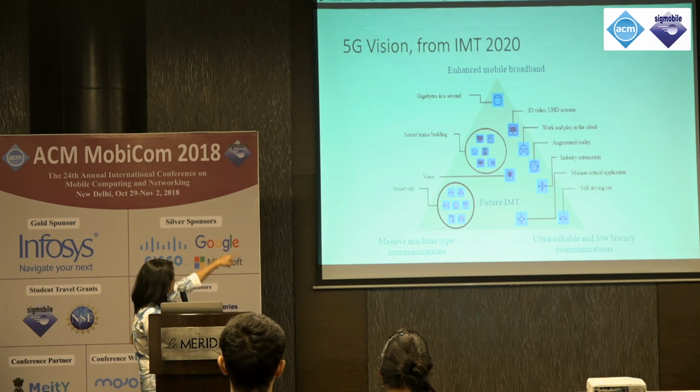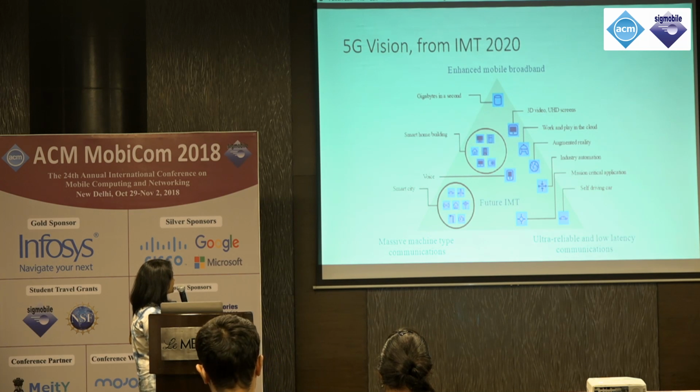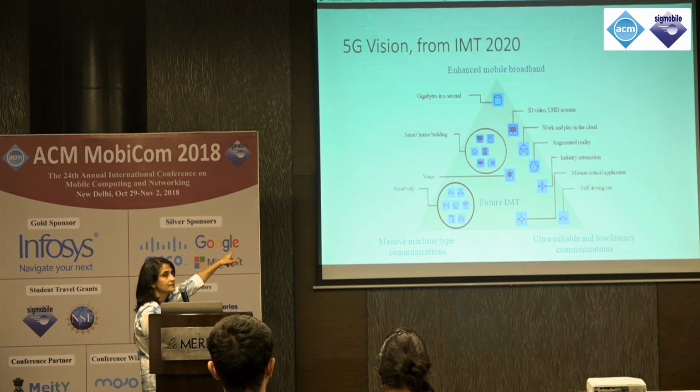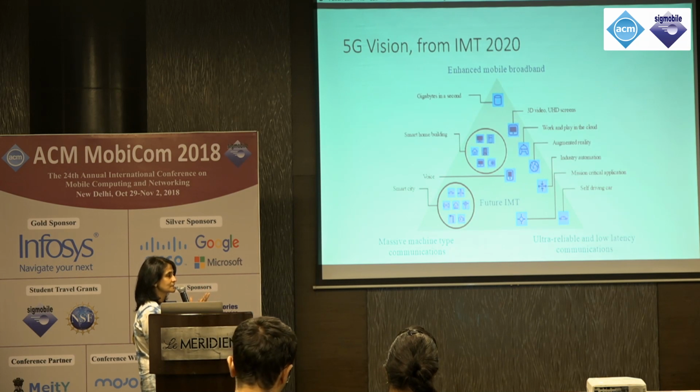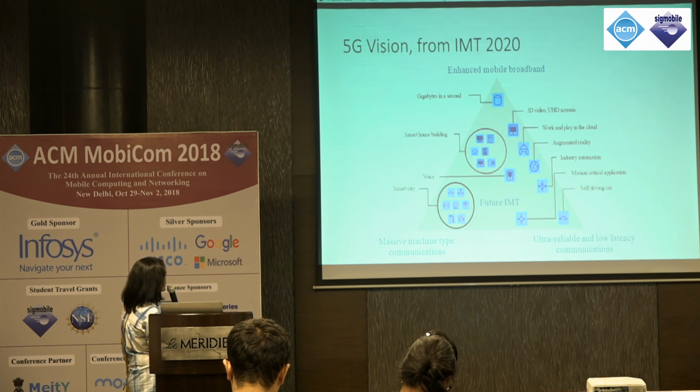If you go down the other side of the triangle, from enhanced mobile broadband to ultra-reliable and low latency, for example, self-driving cars are right now over there, but you can imagine that would move up that side if your sensors are more video, and it's not just telling you what speed you're going at and how far and what direction you're going at.